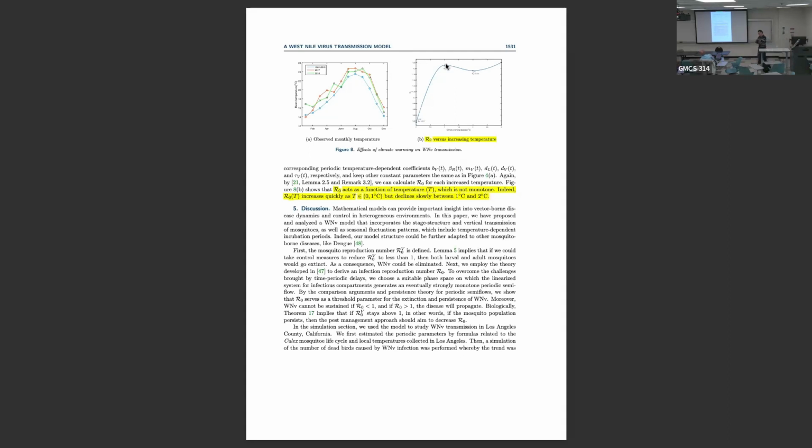So that means the mosquito prefers some temperature. When you say temperature, you mean the mean temperature? Yeah, mean temperature. Because you have temperature that goes like that, right? So mean temperature, higher or lower? I'm not sure.